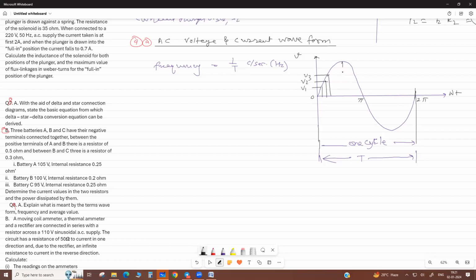And the maximum value attained by a voltage or current is called the peak value or maximum value Vm. Now if we calculate the average of a complete cycle from 0 to 2 pi, that is called V average, then RMS. So three values are defined.